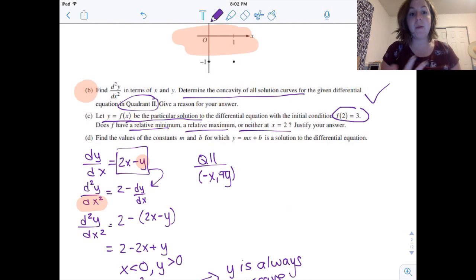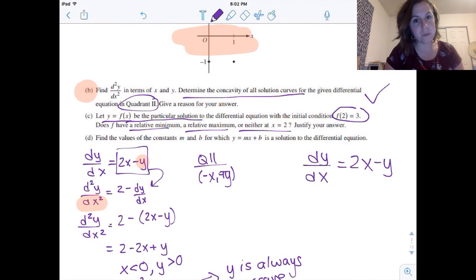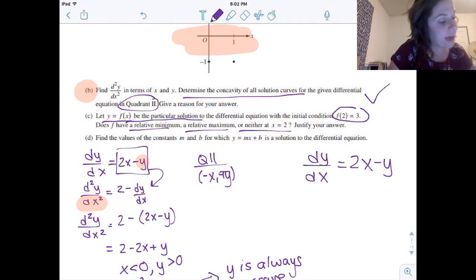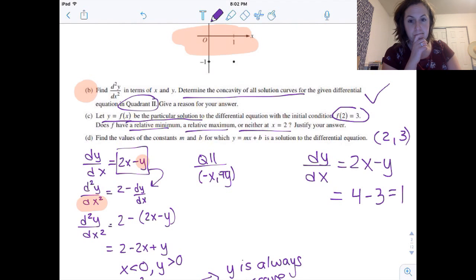So I know that my first derivative is dy dx is negative 2x minus y, right? So let's figure out what dy dx is at that point. So at 2, 3, that's my condition that I'm using. Dy dx would be 4 minus 3, which would be 1.